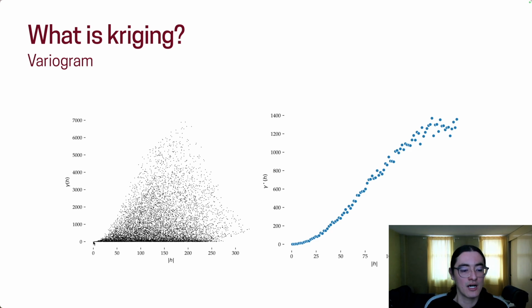So the x-axis tells you the distance between the points. When the points are very close, the difference between them in terms of elevation is also very close to 0. The y-axis is the difference in elevation that you can see. This is an absolute difference.